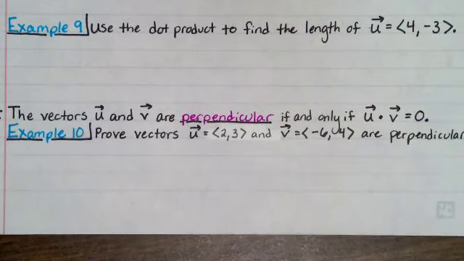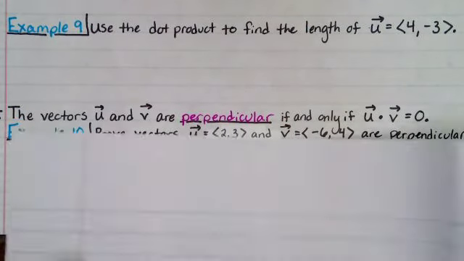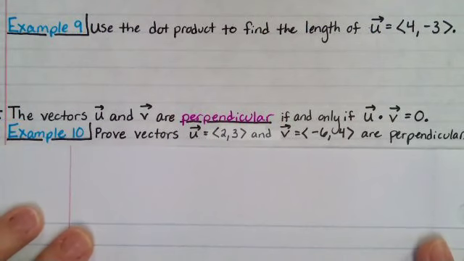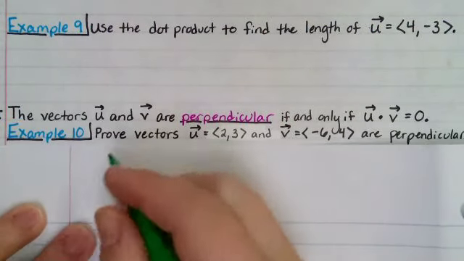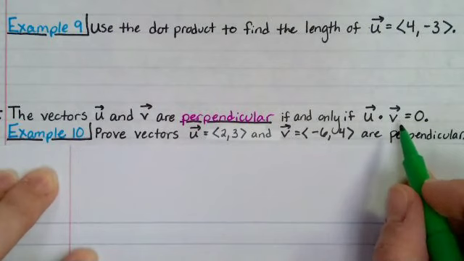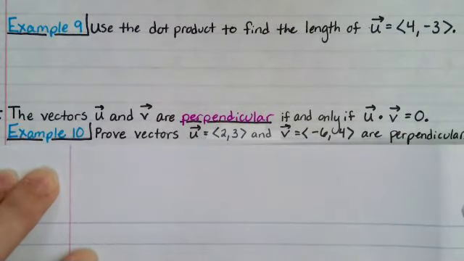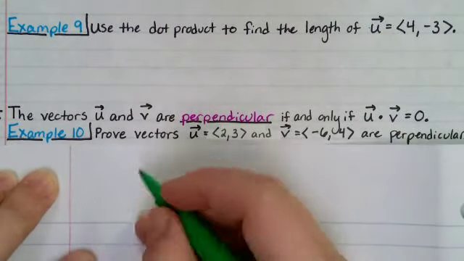So, okay, prove vectors u and v are perpendicular. Like I said, this is our last one, last but not least, and let's do it. We want to do the dot product of u and v. If we get 0, then that means that they're perpendicular.